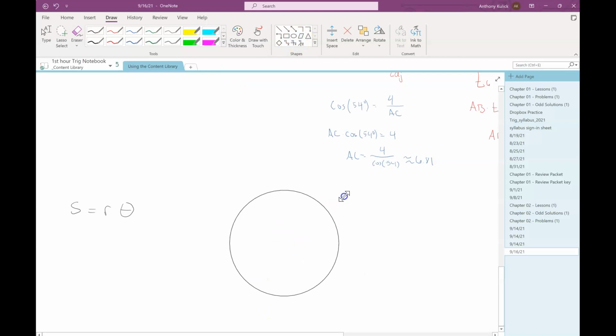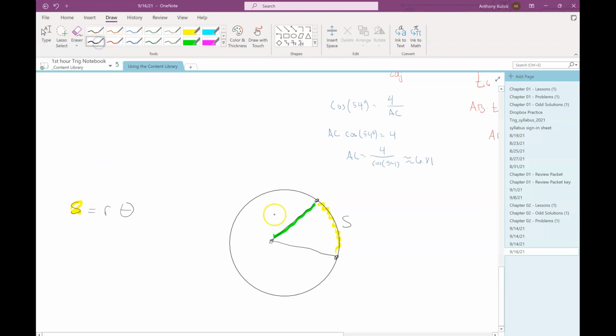All these letters represent: S is an arc length. So that distance there is our S. R is a radius.